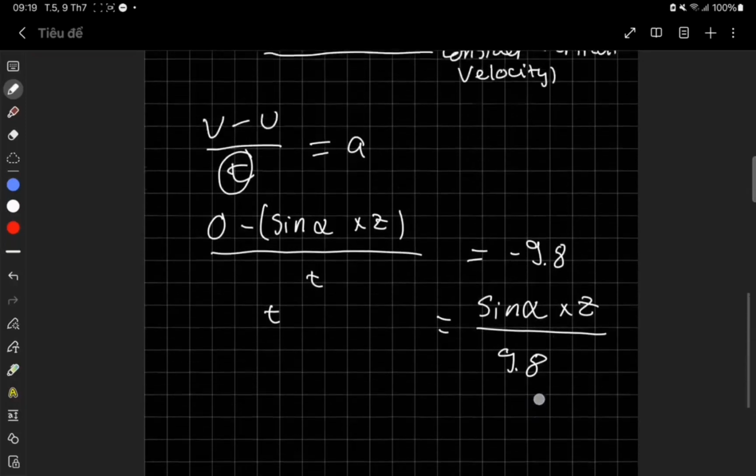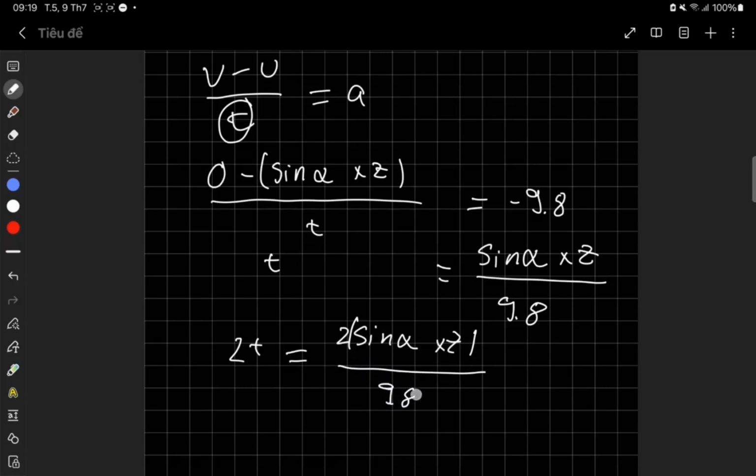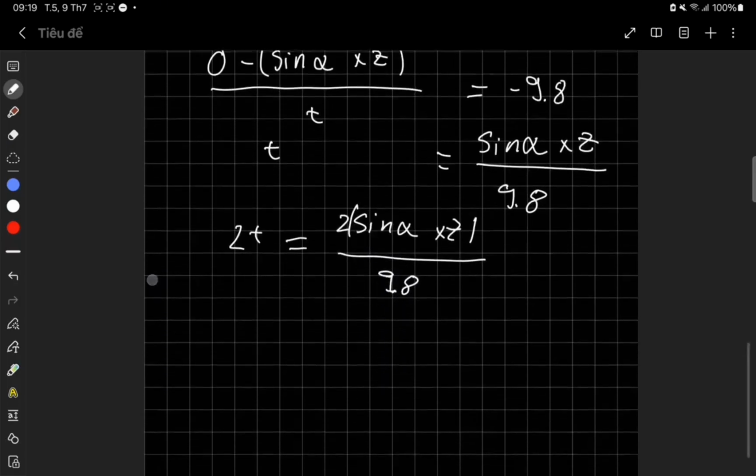And in order to find the time of flight, we need to times this by 2, which is 2t equals 2 sine alpha times z over 9.8.